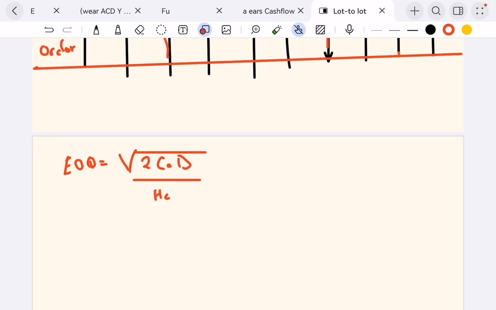The CO is the ordering cost. The D is the demand.